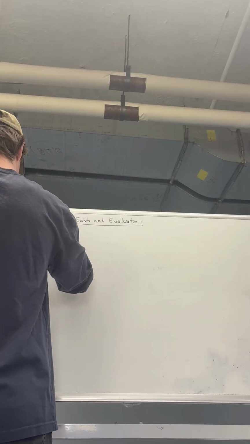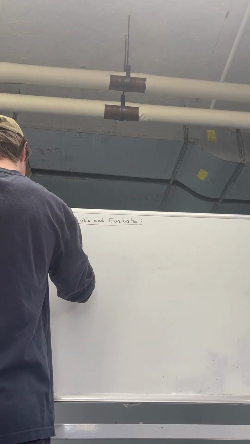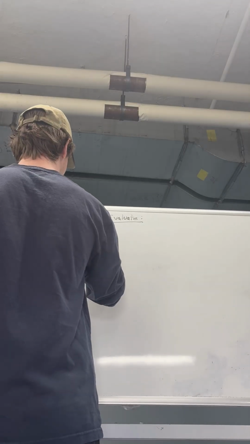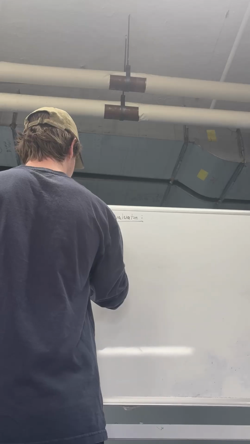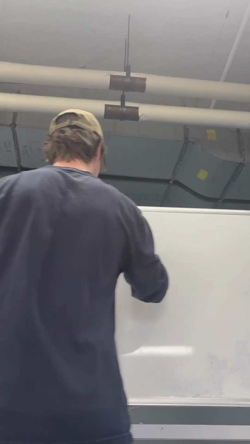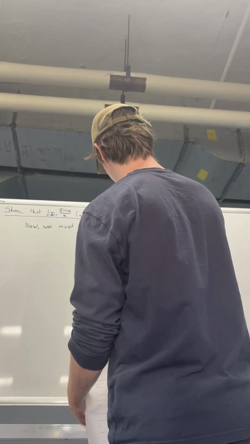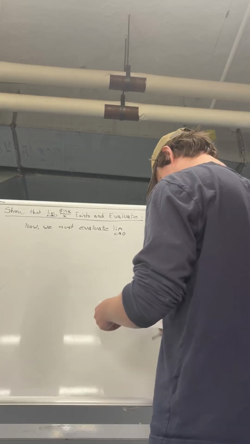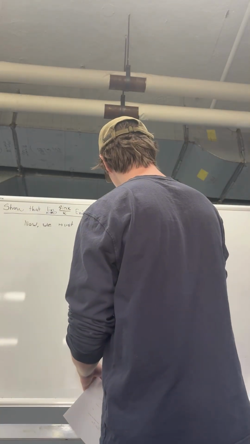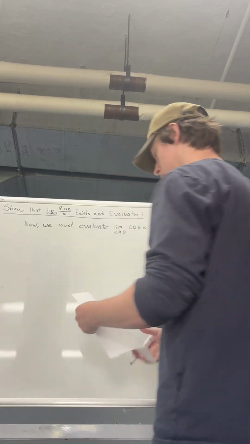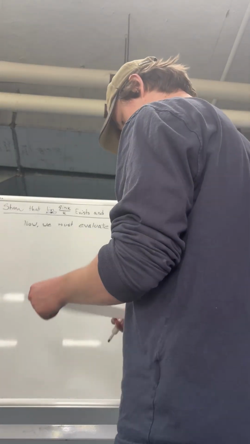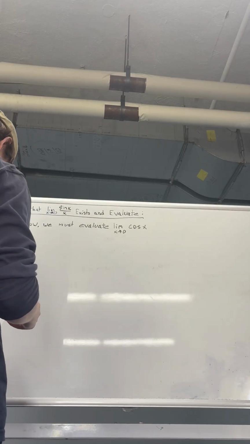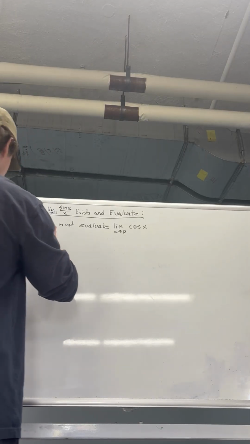Basically, the definition of a limit for an analysis student is that for any epsilon greater than 0, there must also exist a delta greater than 0, such that when 0 is less than the absolute value of x minus c, which is here 0, which is the constant that we are approximating for, is less than delta, that implies that the absolute value of f of x minus the limit of f of x is less than epsilon.